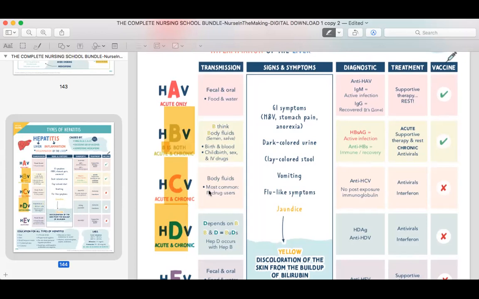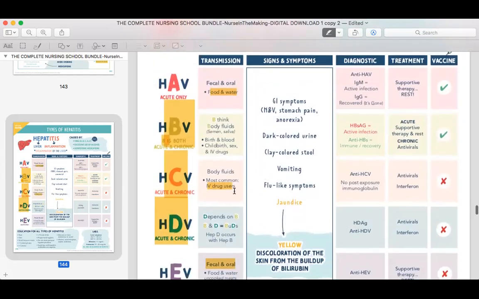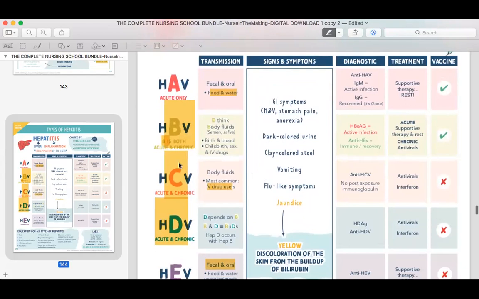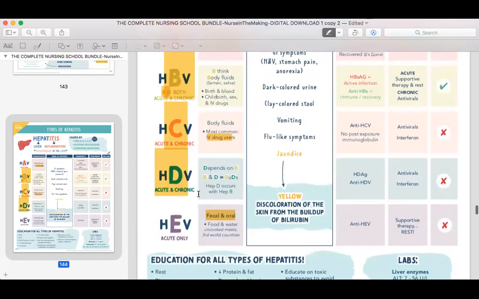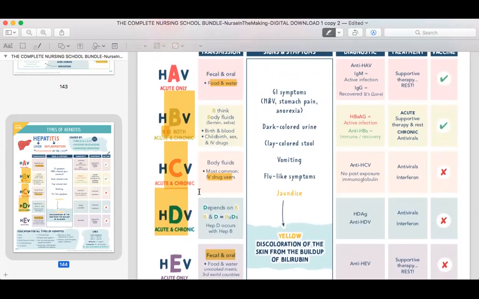C, though, you have to make sure it's for IV, more common in IV drug users. And A is just fecal and oral, food and water, basically. E, the same thing, food and water. If you know B, C, D are blood and bodily fluids, then A and E are fecal and oral. That's what you have to know.